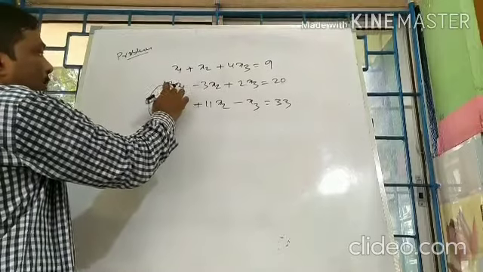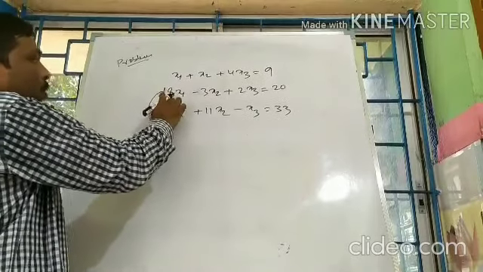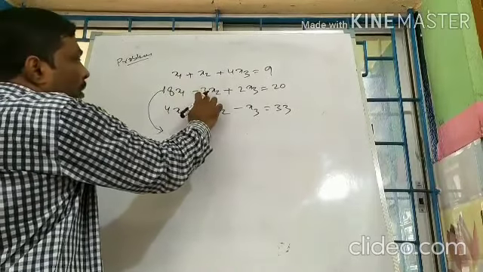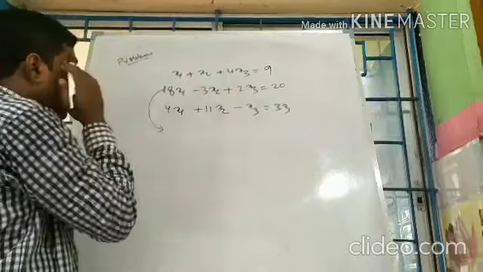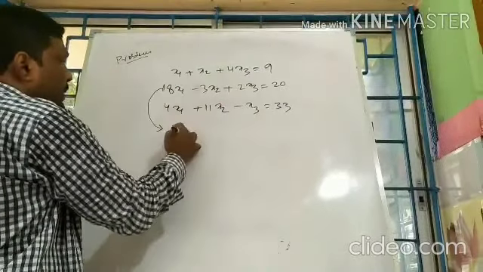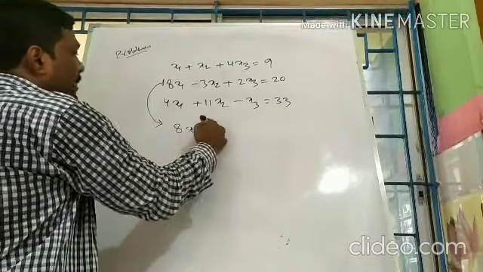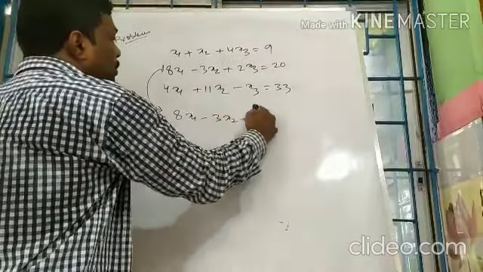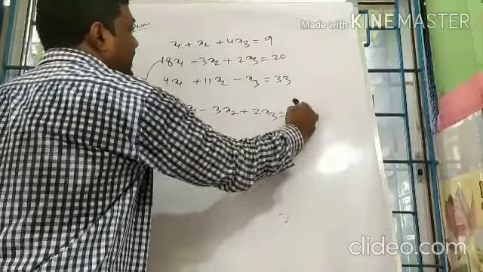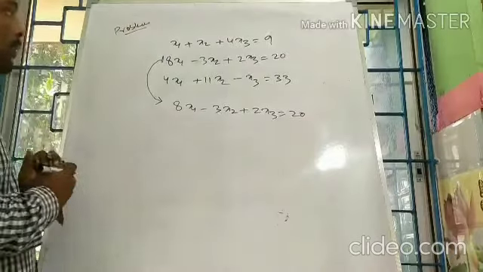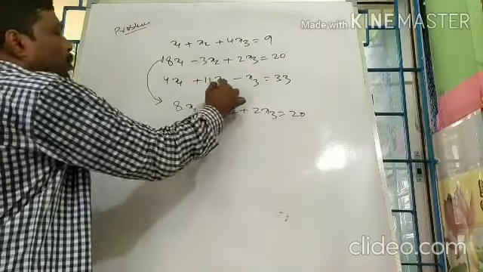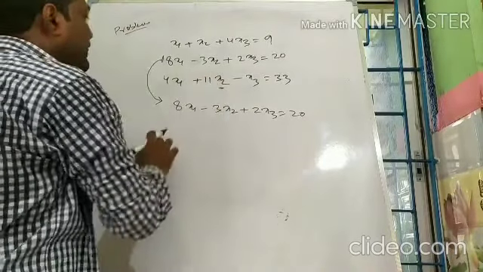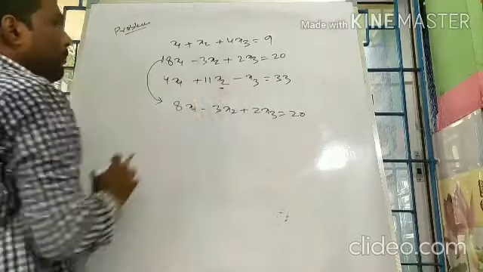The coefficient of x1 is 8, and 8 is greater than mod minus 3 plus mod 2. So we can consider the second equation as the first equation: 8x1 minus 3x2 plus 2x3 equals 20. Now see, here the coefficient of x2 is 11, which is greater than 4 plus mod minus 1.